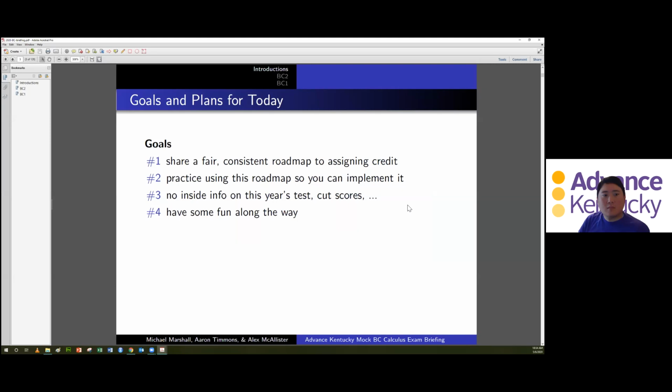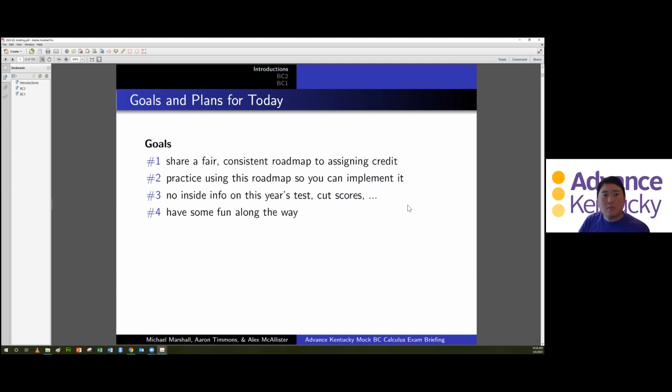Every time we get together to try and create scoring guidelines and figure out how to grade things for partial credit, they're intense, lively, fun conversations, because we care about our students, we care about the mathematics a lot, and I know even we can wind up with different, divergent perspectives on whether something's worth a point or not. So part of the hard part of being a reader and participating in the reading is we have to compromise a little bit sometimes to reach a consistent, fair roadmap.